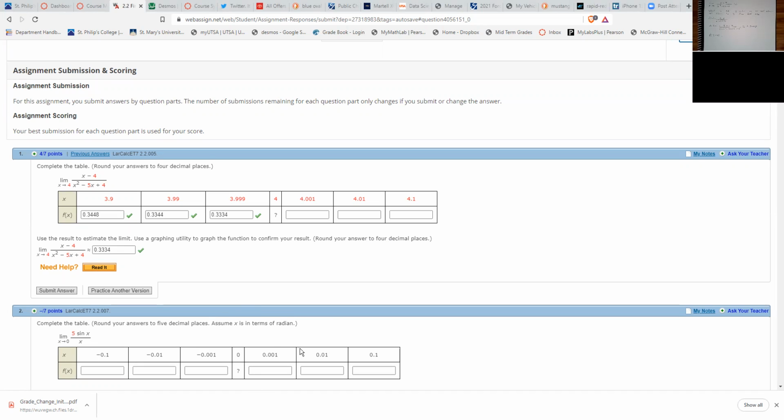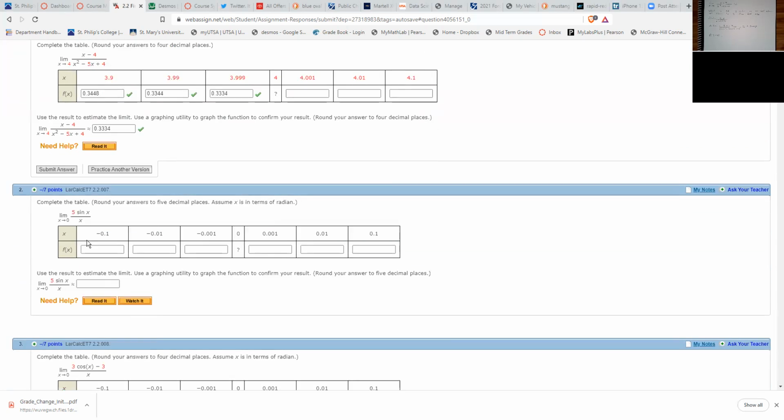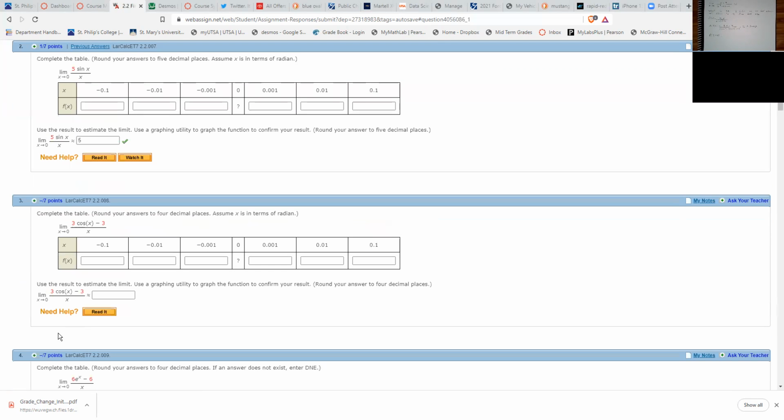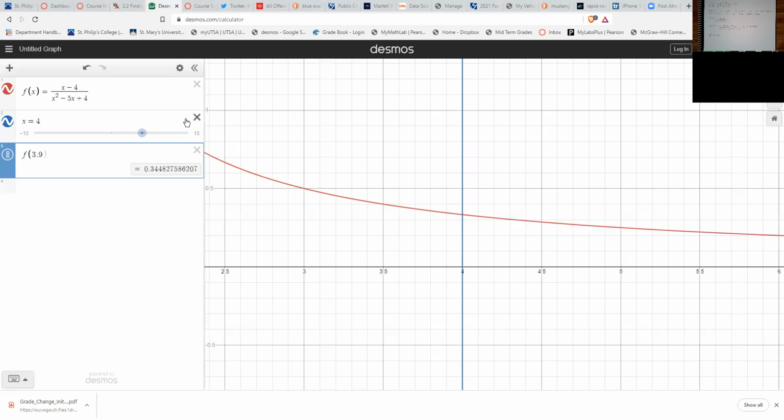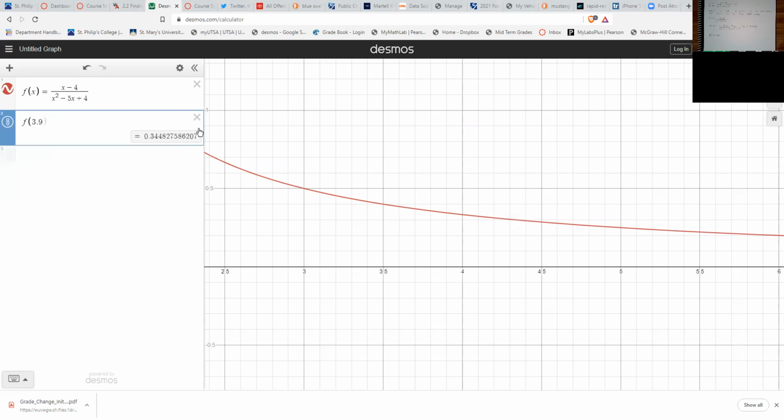We plug in the numbers for every single one, either in the graphing calculator or scientific or Desmos, and then find out what it's approaching. It should be approaching, I think, 5. Let me see if that's right. Yeah, it's 5. Well, let's visualize it because we need to see what's happening.